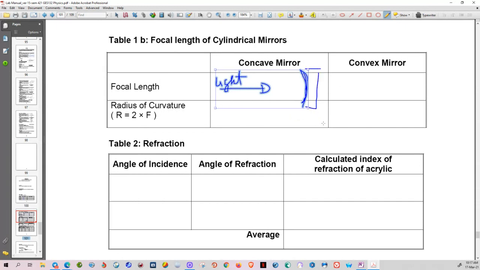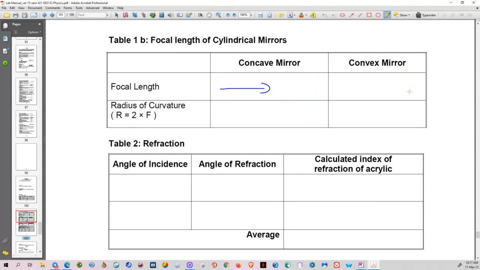What about a convex mirror? It's the opposite. The light is still coming from the left, going to the right. A convex mirror is like a jebel, like this. The reflecting side is on the outside of the curve. So that's the idea about the convex and the concave mirror.